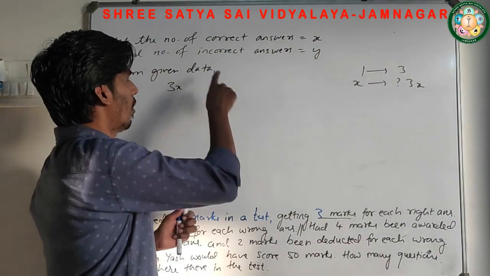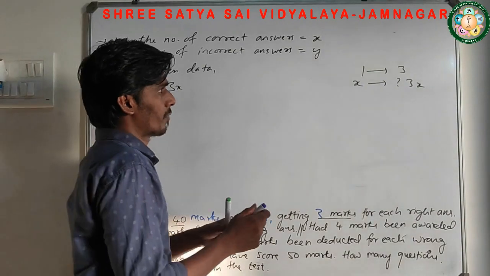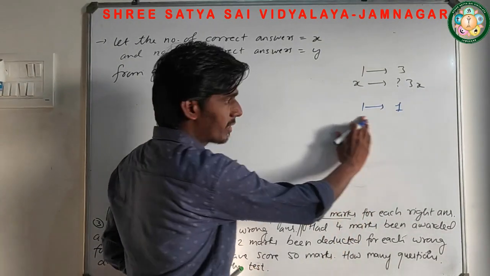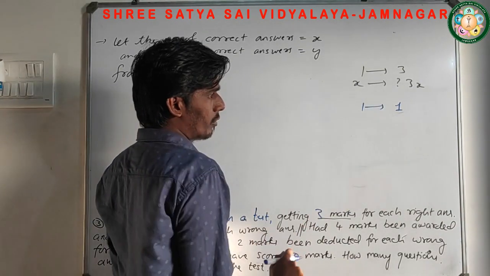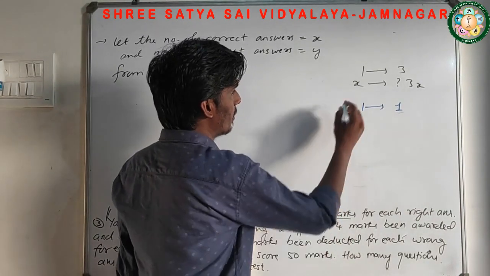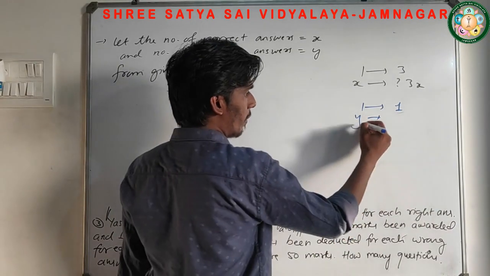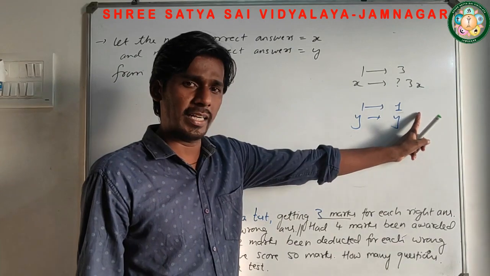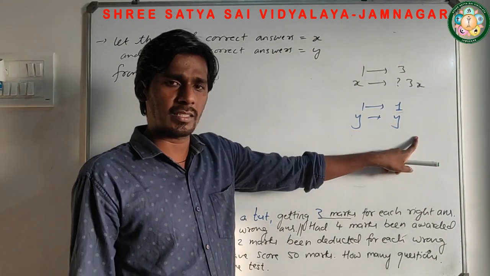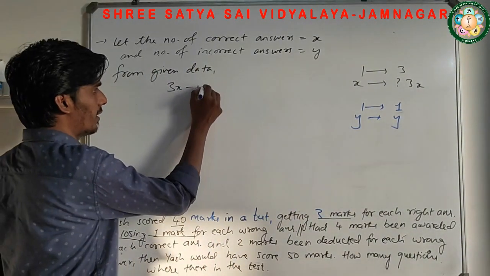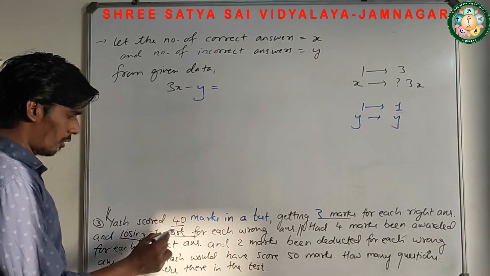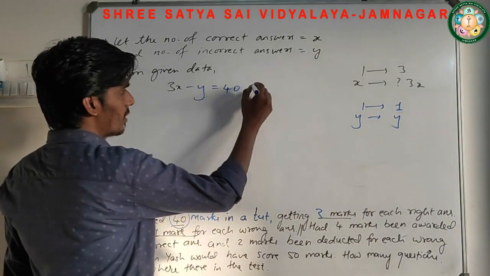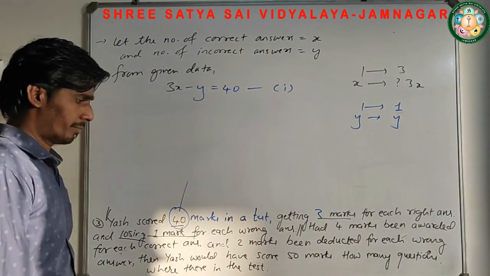We don't know how many wrong answers there are, so y. For one wrong answer how many marks are cut? 1. So for y wrong answers, y into 1 is y only. So 3x minus y. How much is scored in total overall? 40. So here we write 40. Say this is equation 1.